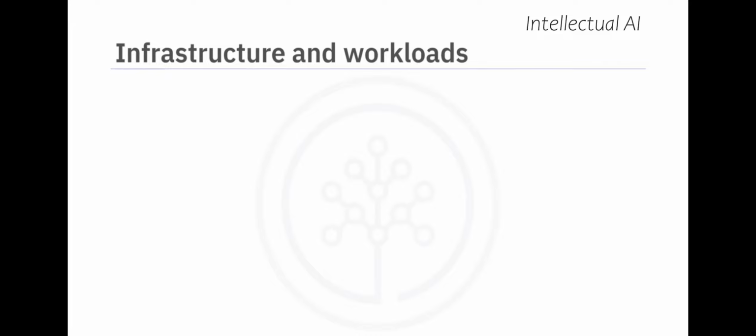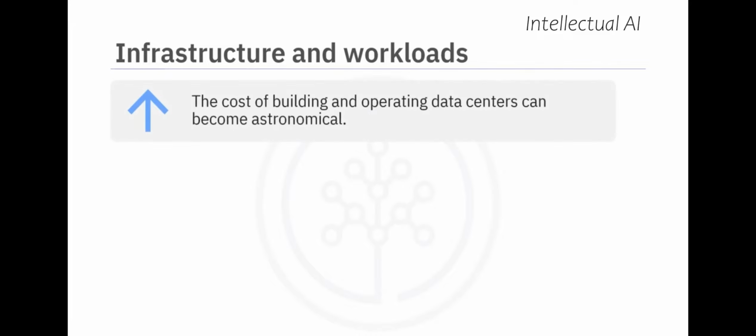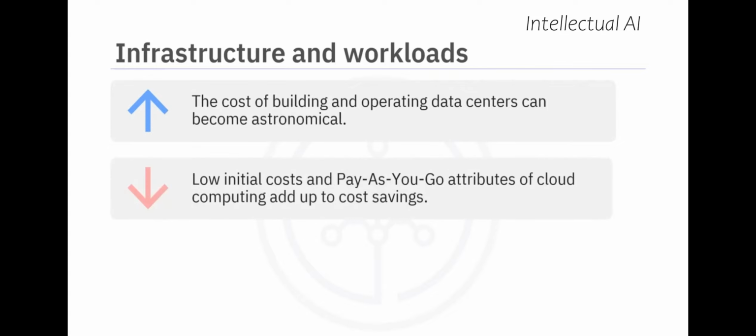The first consideration is infrastructure and workloads. The cost of building and operating data centers can become astronomical. On the other hand, low initial costs and pay-as-you-go attributes of cloud computing can add up to significant cost savings. Also, a point to consider is that not all workloads may be ready for the cloud as is.